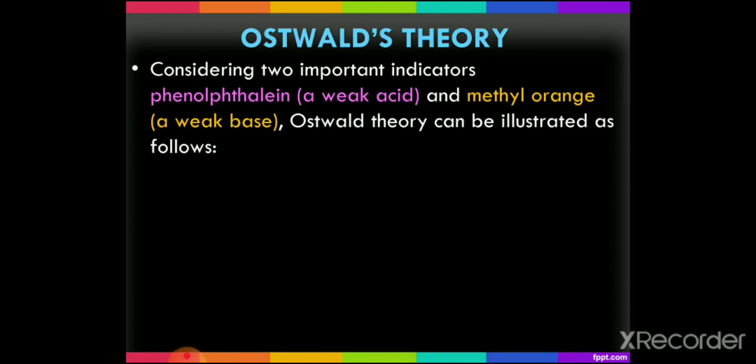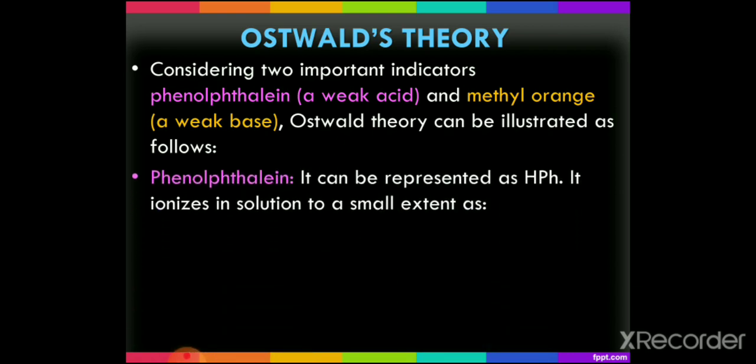Now, considering two important indicators, one is phenolphthalein, which is a weak acid, and the other is methyl orange, which is a weak base. The Ostwald theory can be illustrated as follows. Phenolphthalein can be represented as HPh.